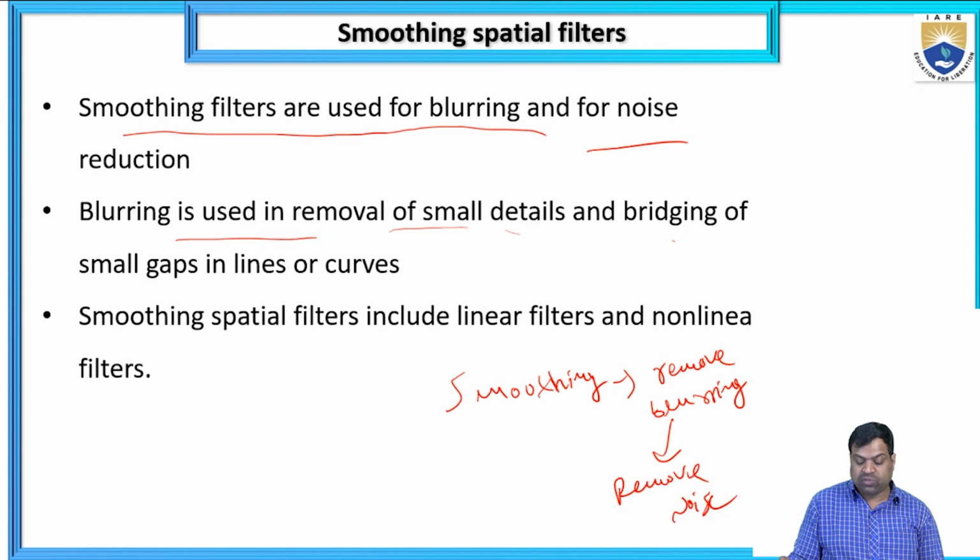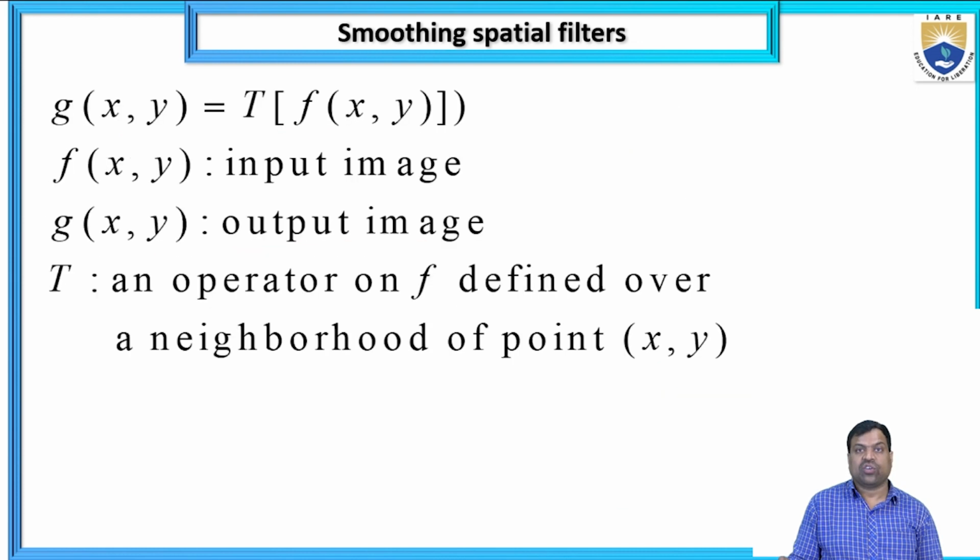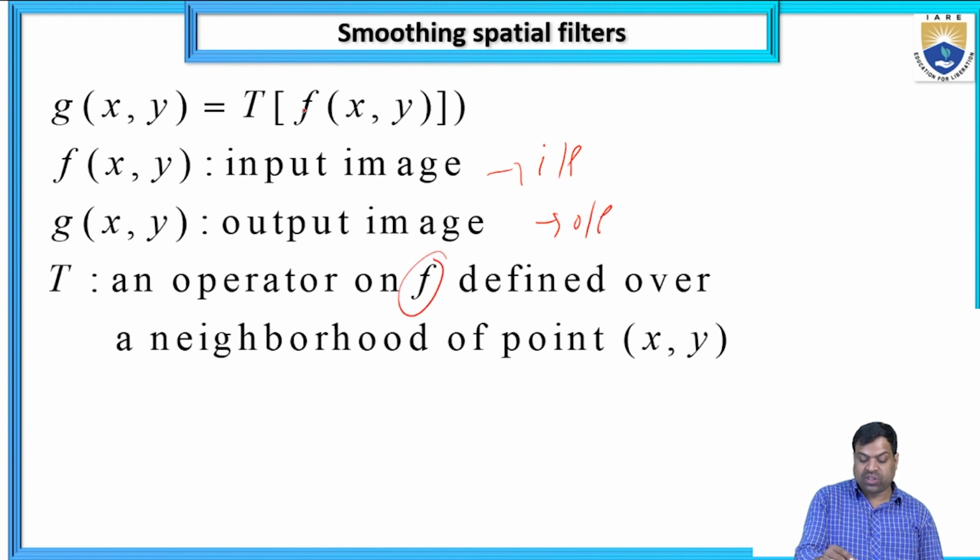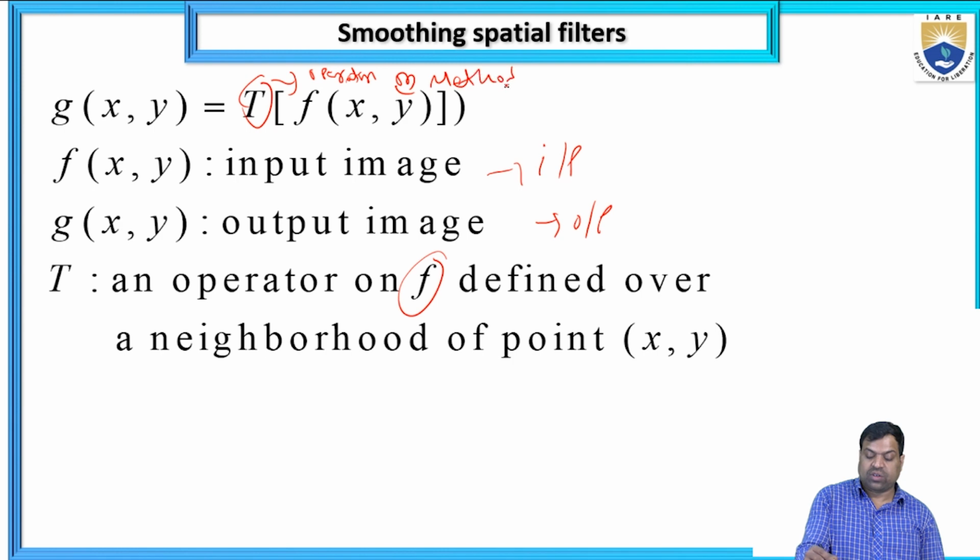Smoothing spatial filters include linear filters and non-linear filters. So g(x,y) = T[f(x,y)], where f(x,y) is the input image, g(x,y) is the output image, and T is an operator on f defined over a neighborhood, a method used in that.